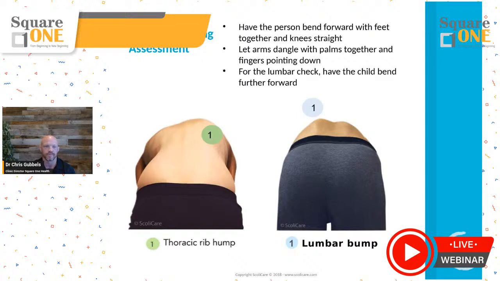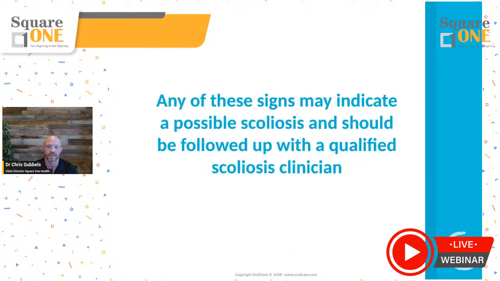This is the rib humping. This is the most prominent when you have a scoliosis in the thoracic spine, which causes the rib hump to develop around the rib cage. But even in the lower back, you can see humping, but it's just not as prominent as rib humping when we see it in a curve with a scoliosis in the thoracic spine.